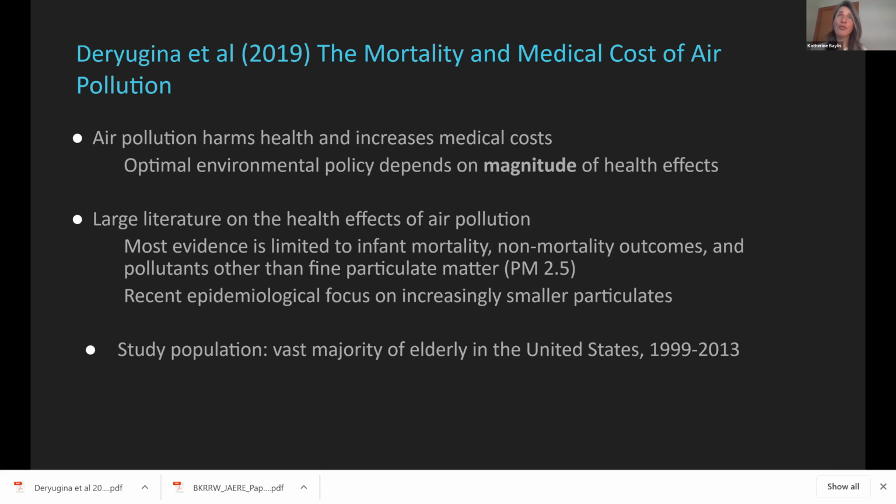Most of the work so far has been done on larger particulates, just because we tend to have better data on those. But there's a sense that the smaller particulate matter, the PM 2.5s, is actually more hazardous to health. And so we really want to understand that relationship between pollution and health outcomes.